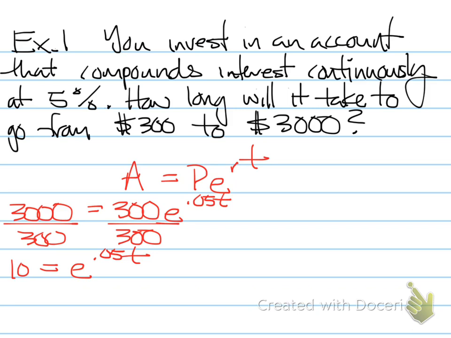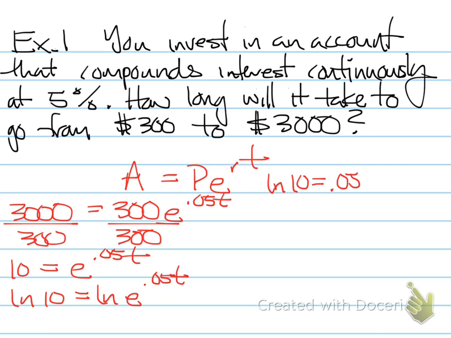And then we have an exponential function that we could write as a logarithm. Or actually, it would be easier to just take the natural log of both sides. So on the left side we've got natural log of 10. On the right side we've got natural log of e to the 0.05 t power.